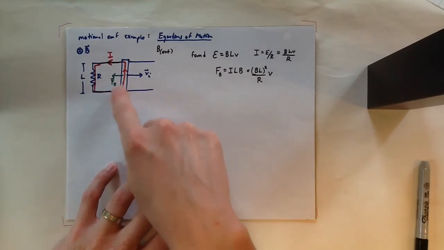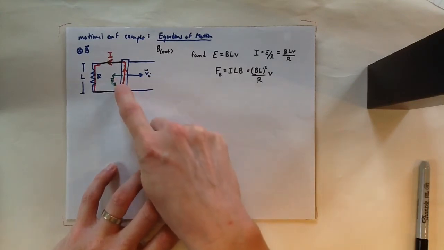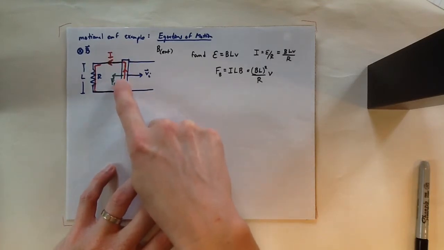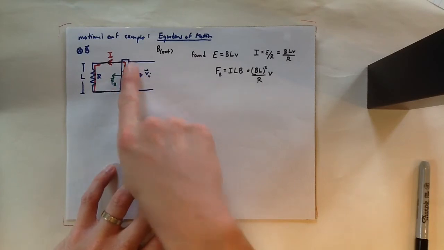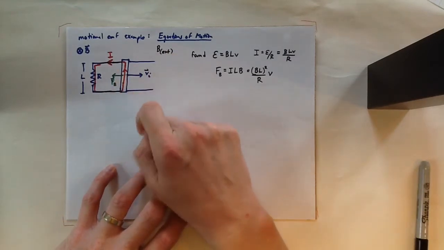Through Lenz's law, we can infer that the current is going to go counterclockwise, and then there's going to be force from that current. There's going to be a continued force on this bar that pulls backwards against the motion, and that is the kind of physical, see-with-your-own-eyes manifestation of Lenz's law: you're trying to increase the flux by dragging this bar outward, and the force is acting to try to stop you.